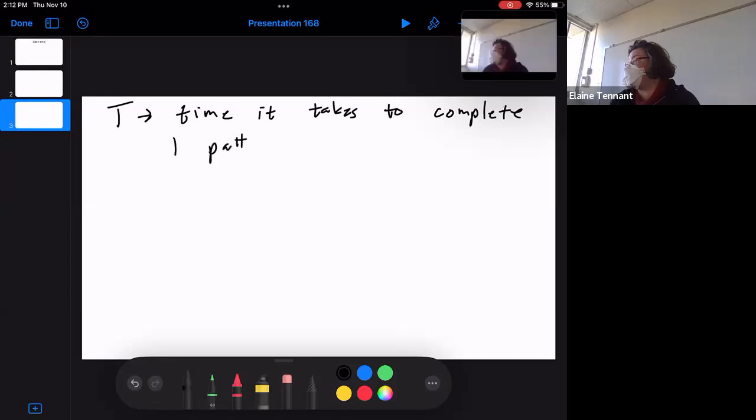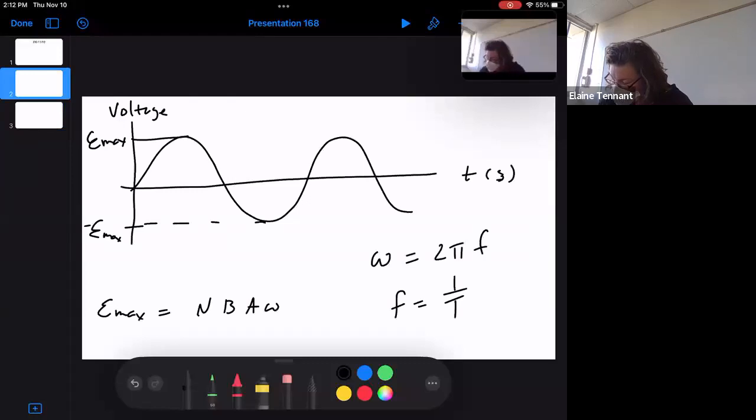So like whatever pattern, say a sine wave you have, the time it takes to complete that is the period. So going from here to here, the time it takes to complete that is 1 period's worth of time.